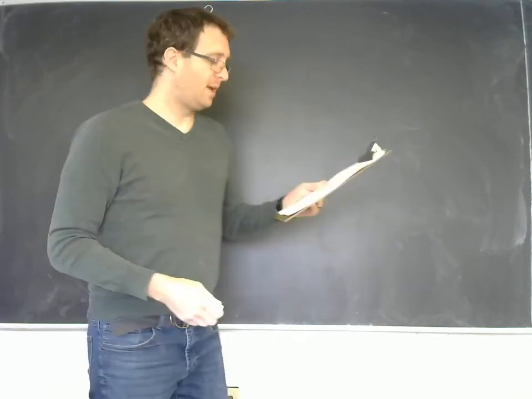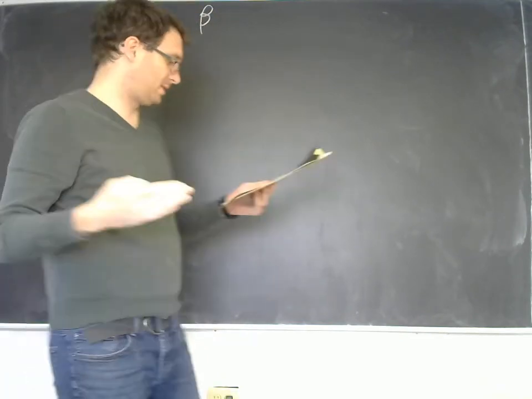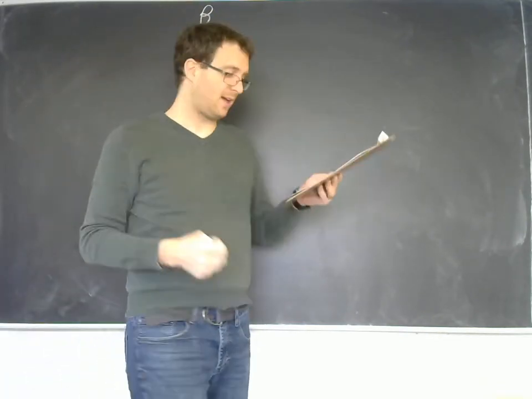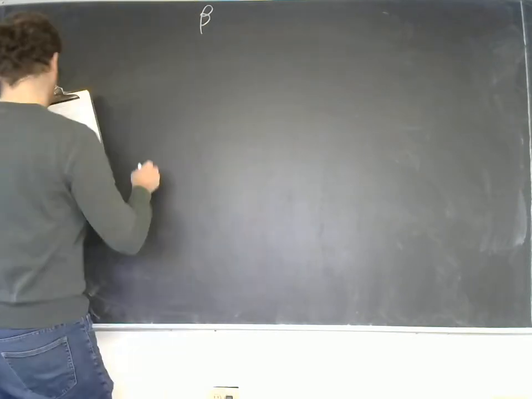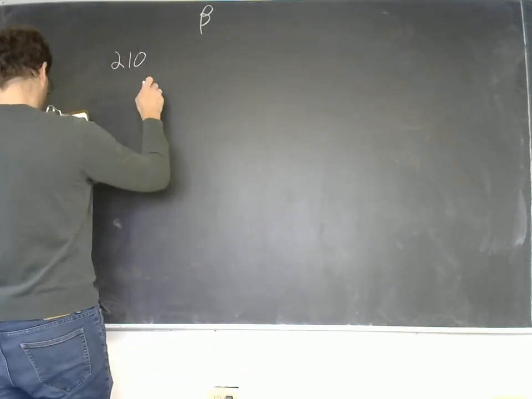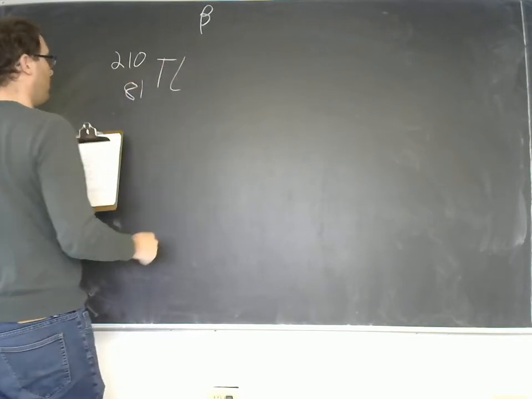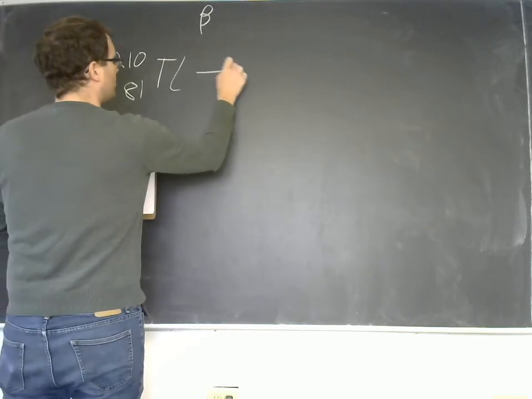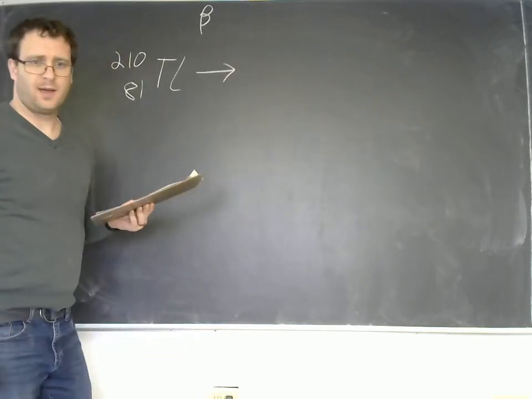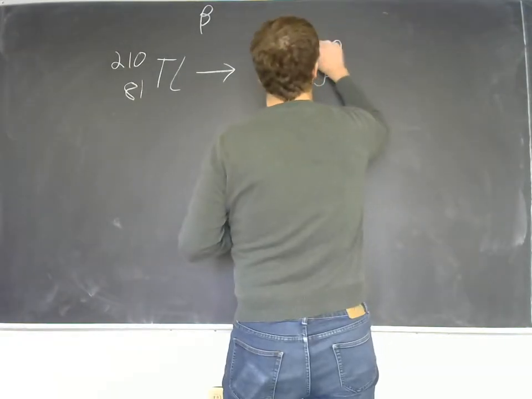Anyway, so let's balance the beta decay of an isotope of tellurium. So 210-81 tellurium is going to decay via beta decay. So it's going to emit a beta particle.